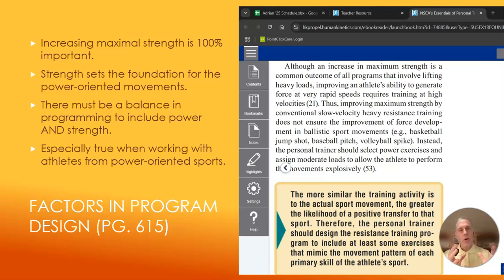So there's a component to having maximal strength, but slow velocity, heavy resistance training does not ensure improvement in force development in ballistic sports. You have to use your maximal strength training in conjunction with power-oriented training. They can't be mutually exclusive. You have to use them together. And this is especially true when we're talking about power-oriented sports.